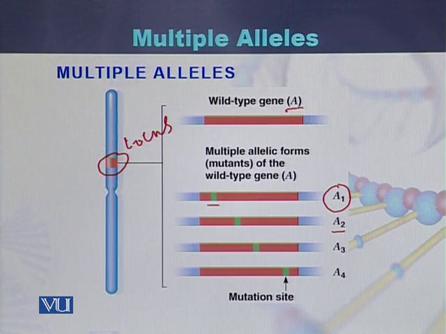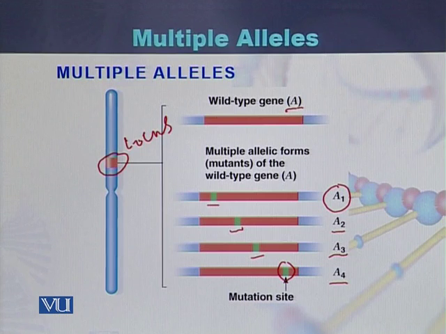In A2, there is a change in the sequence of the DNA, or the sequence of the nucleotides, at a different position. In allele A3, there is a change at a different position with respect to allele A1 and allele A2. And in allele A4, there is a variant or a change at a different position.